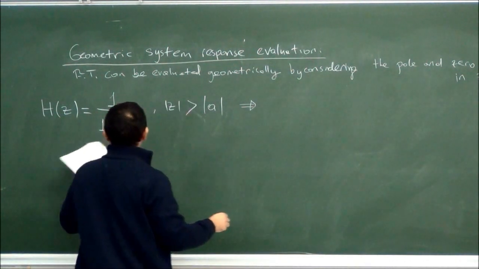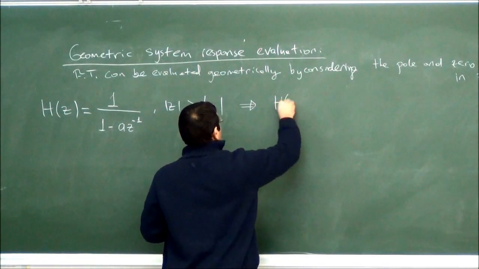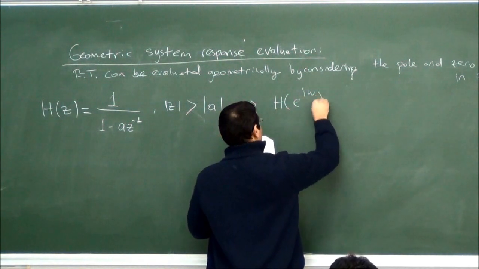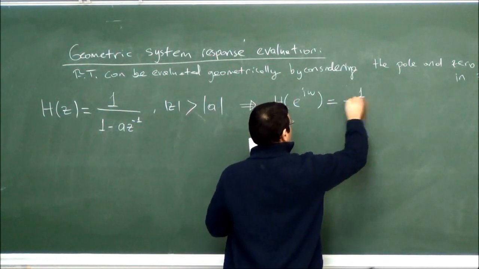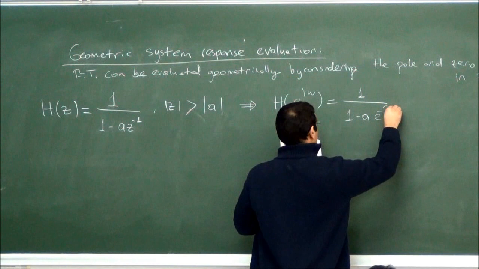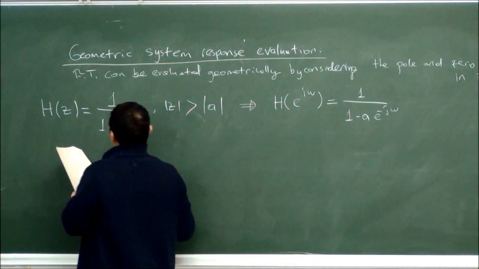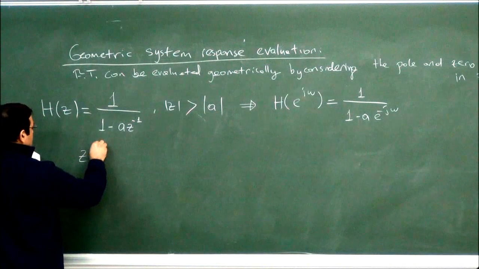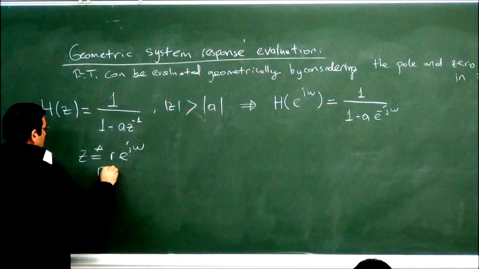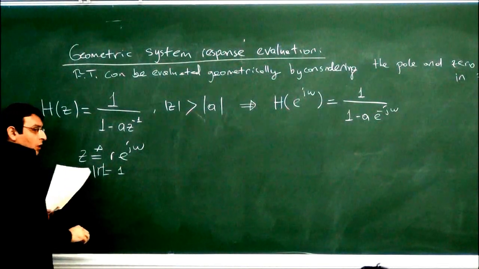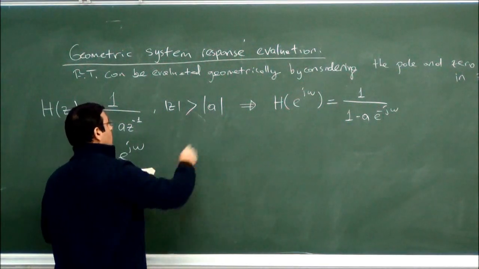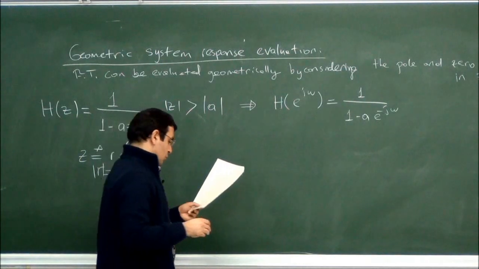So you know the Fourier transform of this system, the discrete Fourier transform of this system, is simply this. As you remember, z is r times e to the j omega. If you choose the magnitude of r to be 1, then in this case it will equal the discrete Fourier transform of the system.